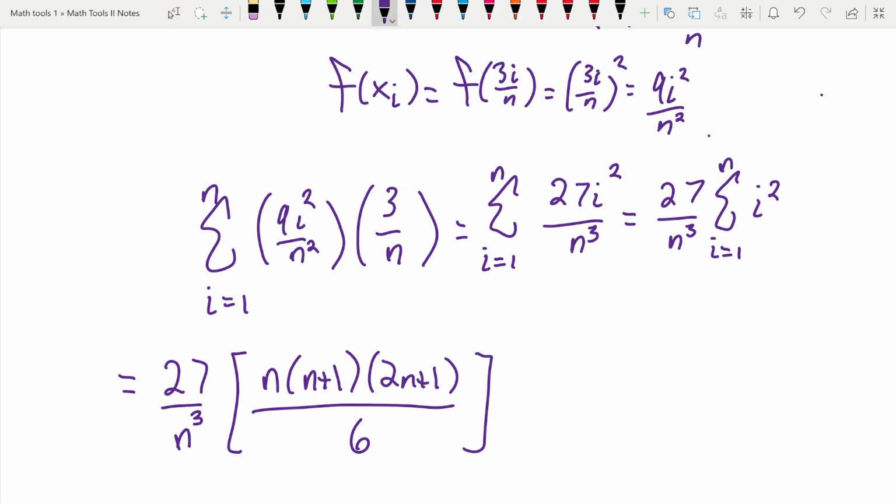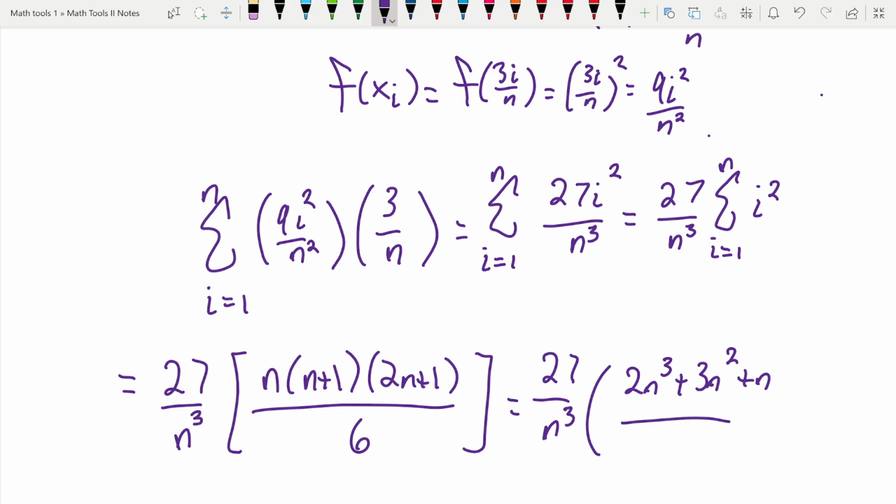Okay, so if we multiply that out, we're going to get 2n cubed plus 3n squared plus n over 6.